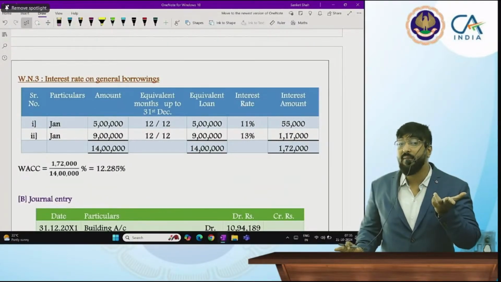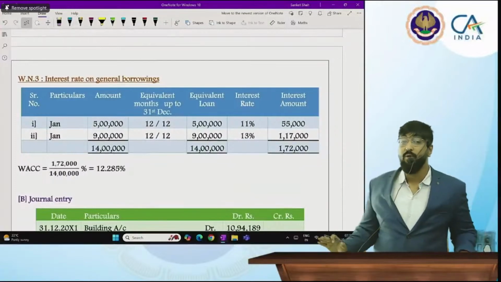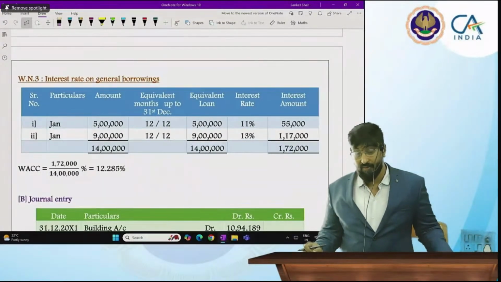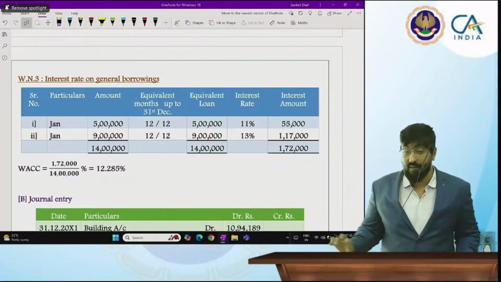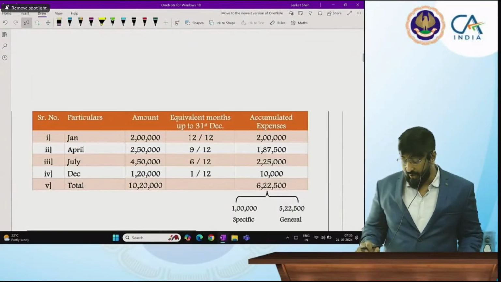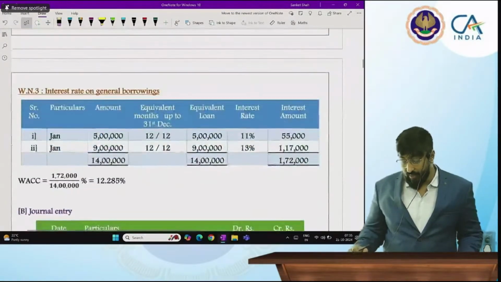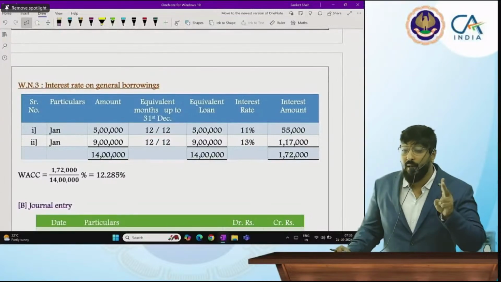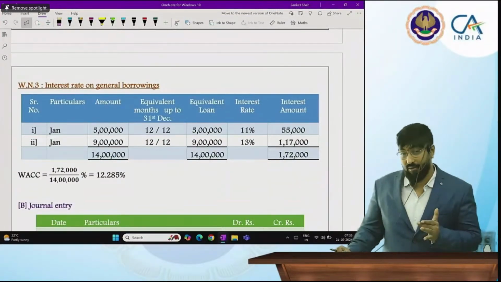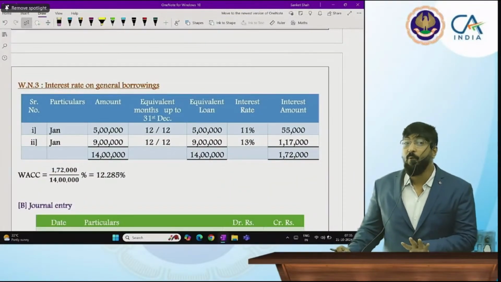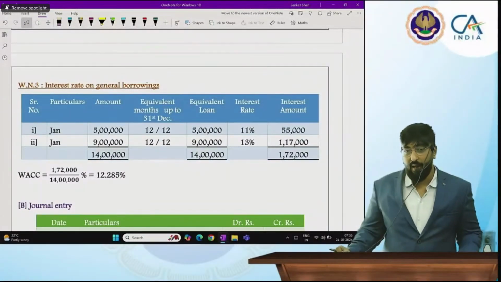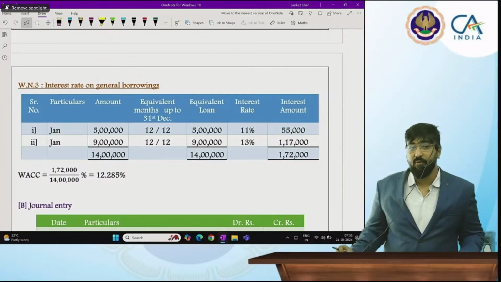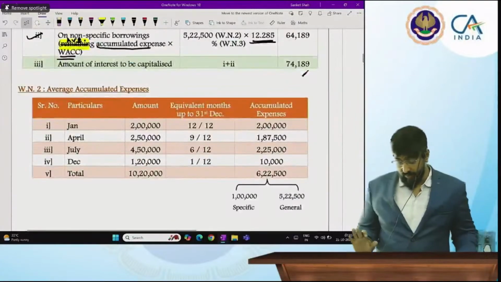Loan dates might be different. And yes, then you have to use equivalent loan concept. जैसे हमने expenses के लिए accumulated किया, वैसे हमें इधर भी equivalent हो सकता है if loan 12 महीने के नीचे होगा तो. So it's better you follow this format. ओके सर. And then you will get the answer 12.285 and average accumulated.